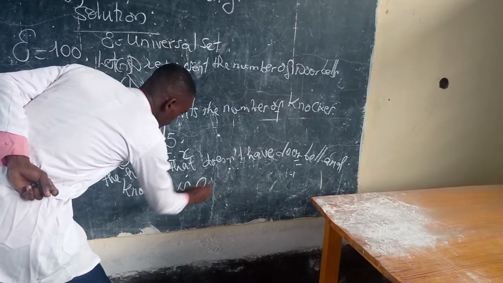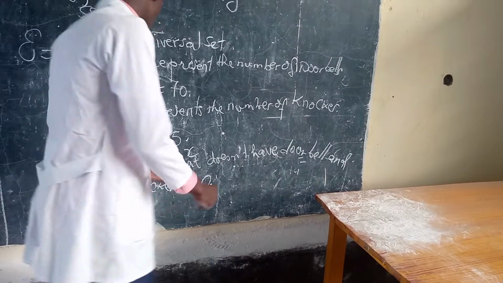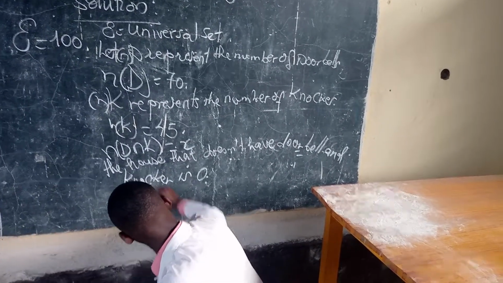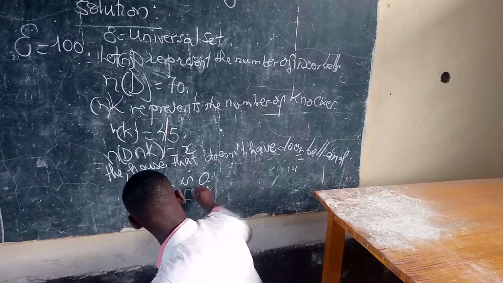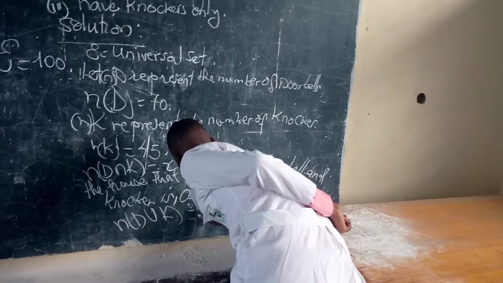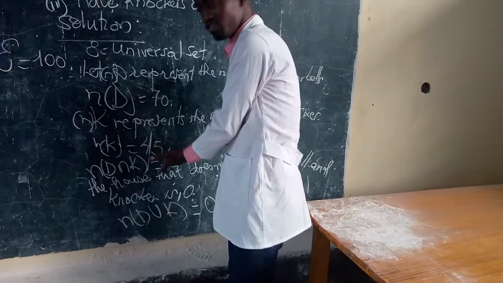Will be zero, which means that I don't have. You can write in this way: none of the union of D and K, the complement, will be zero because I don't have that number.